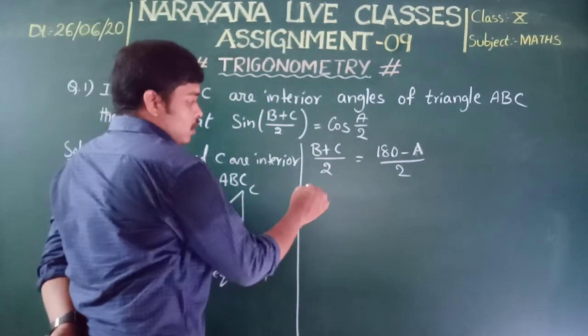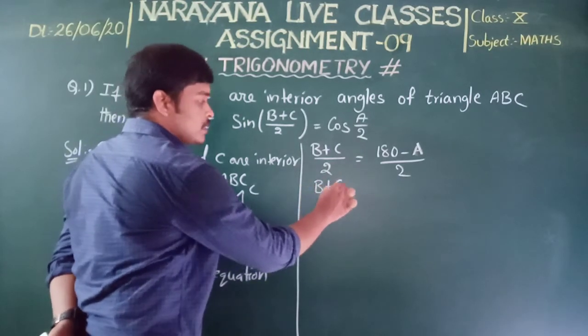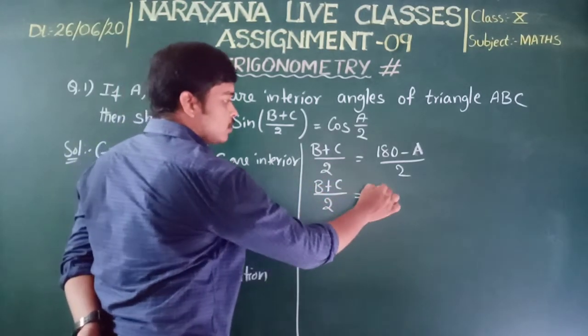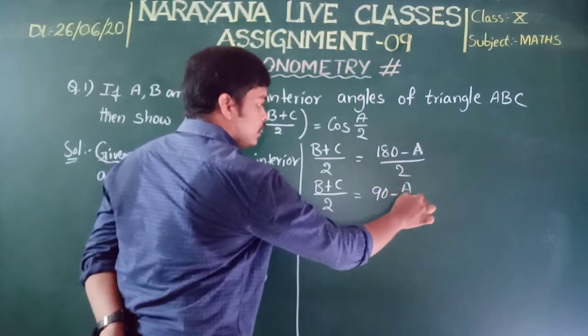So now we are simplifying. (B plus C) by 2 is equal to 90 minus A by 2.